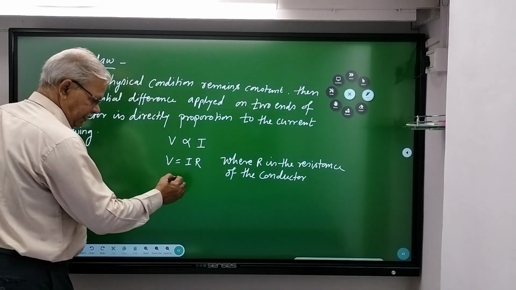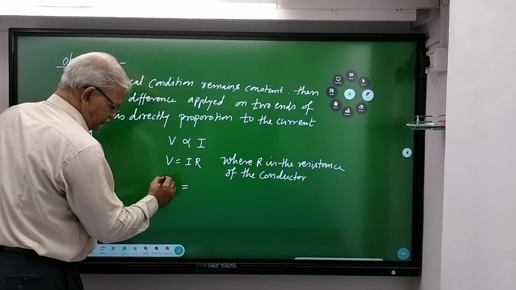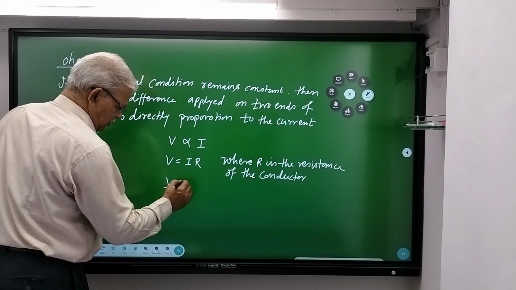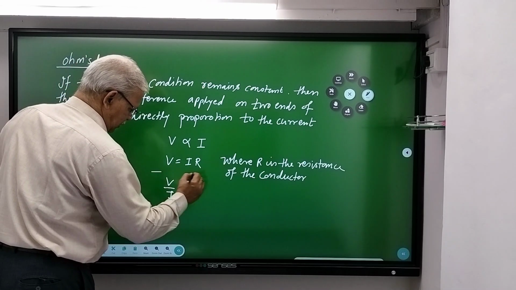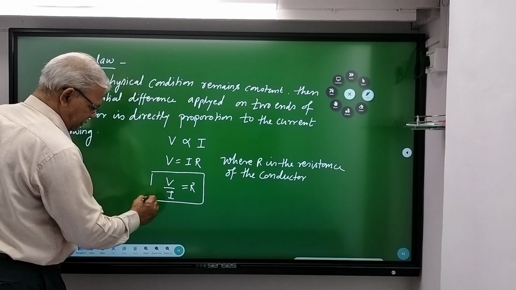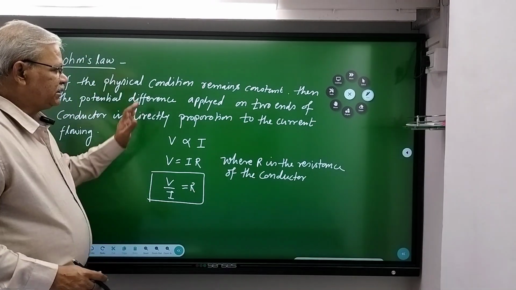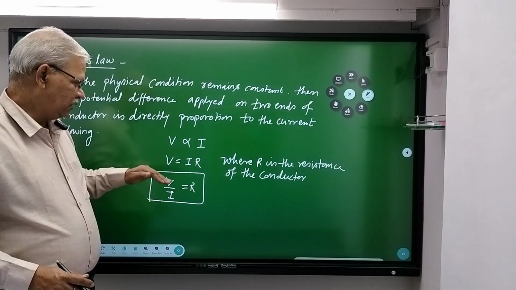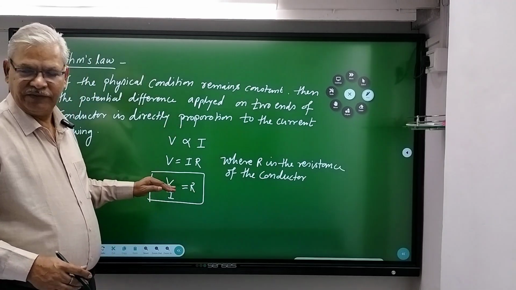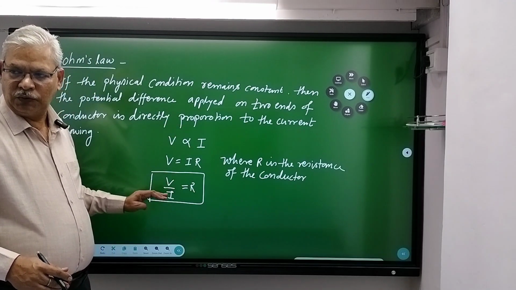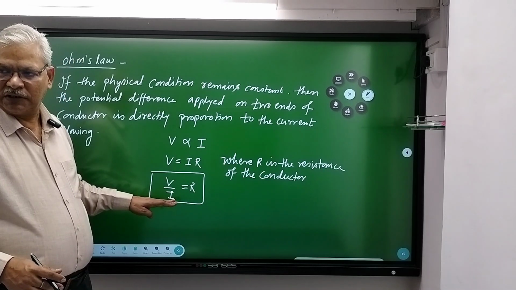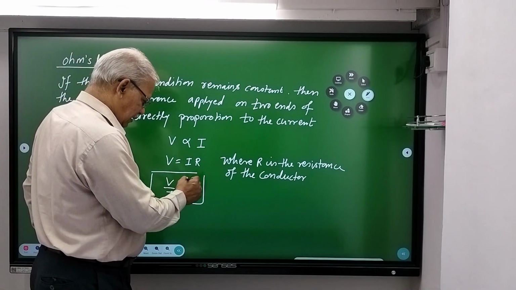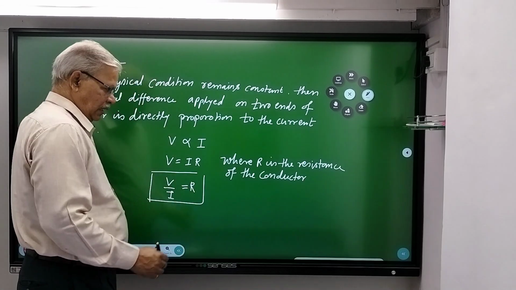We can write here V upon I is equal to R. This shows that if the physical condition remains constant, then the ratio of the potential difference applied to the current flowing through the conductor is a constant, that is R, or the resistance.